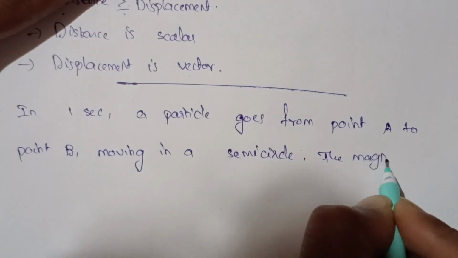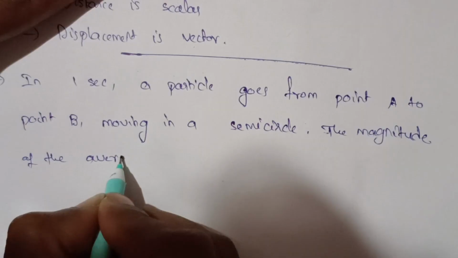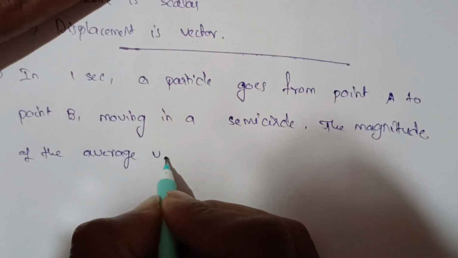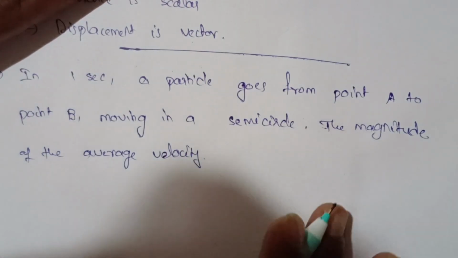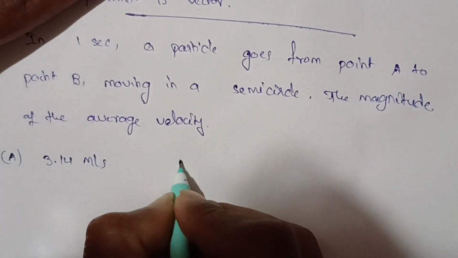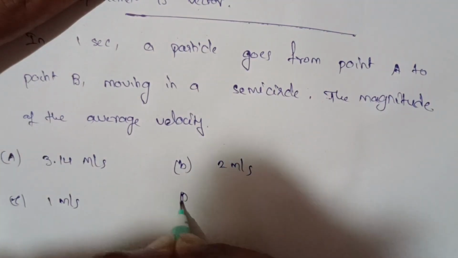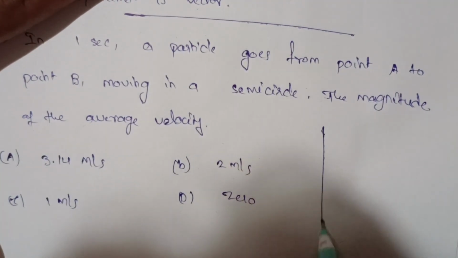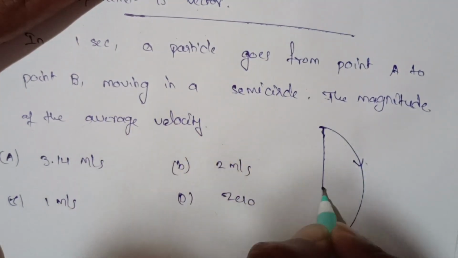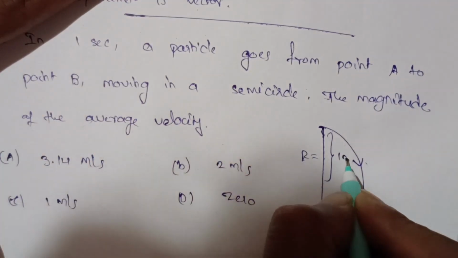Find the magnitude of the average velocity. Option A, 3.14 meter per second. Option B, 2 meter per second. Option C, 1 meter per second. Option D, 0. R is equal to 1 meter.